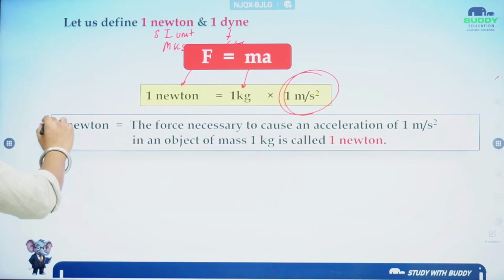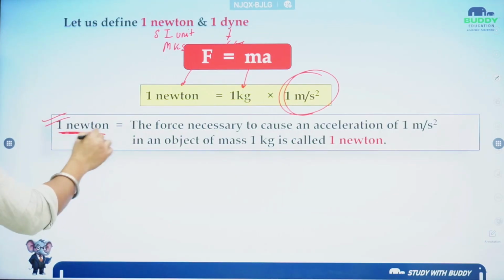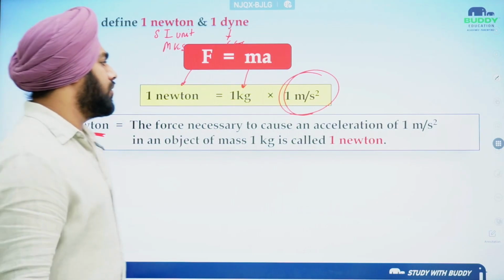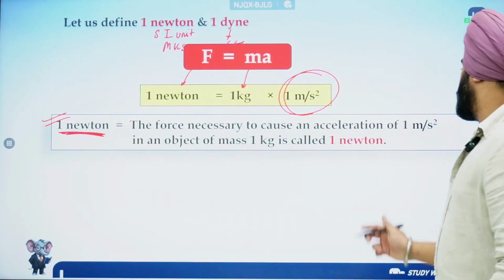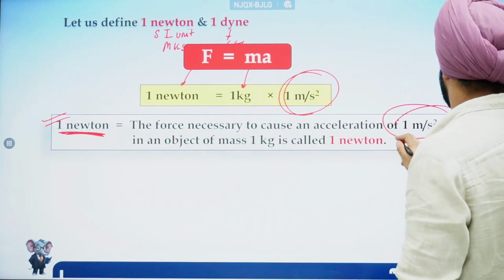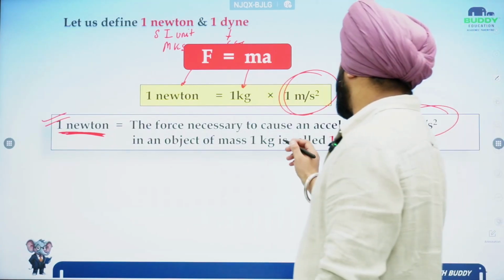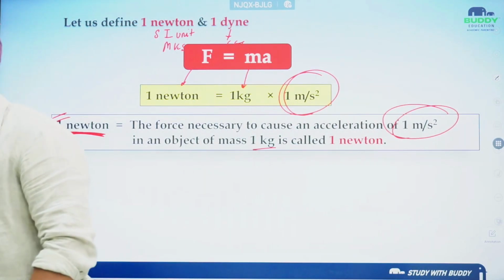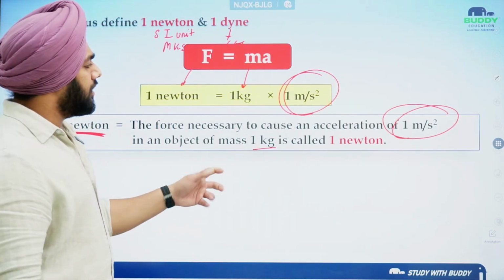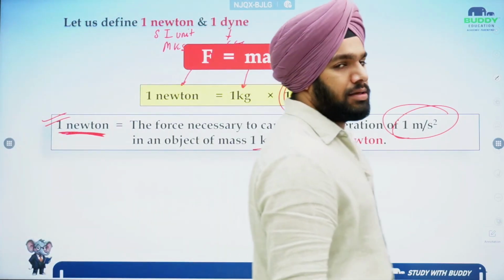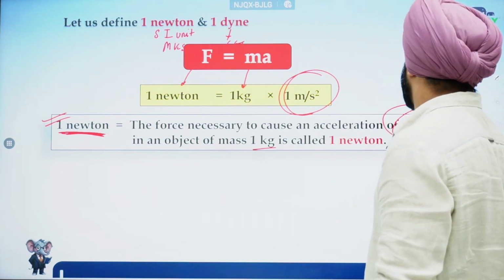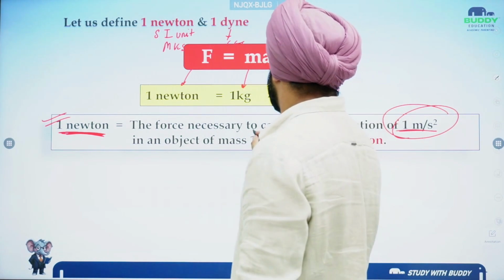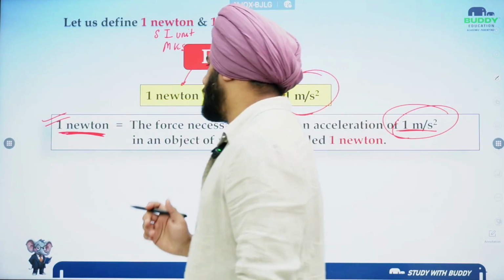This is the definition that many schools ask. The force necessary to cause an acceleration of 1 meter per second square in an object of mass 1 kg. So that is 1 Newton basically.